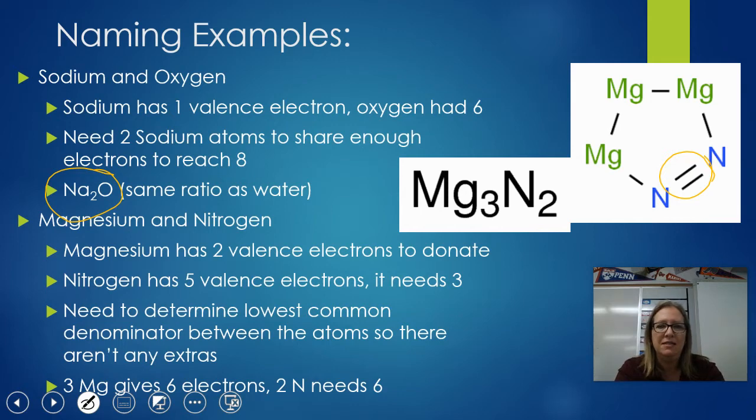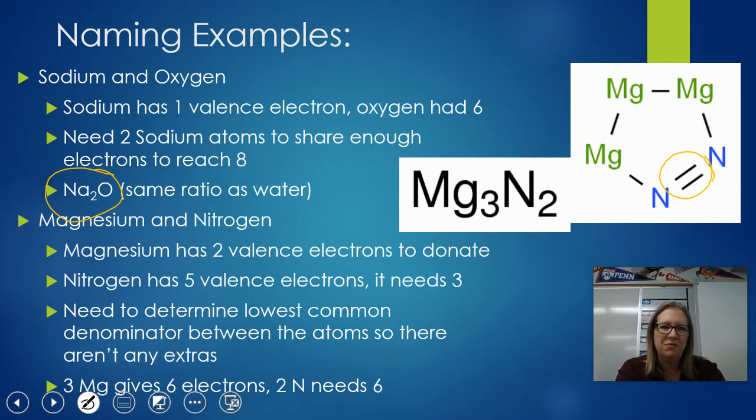If we look at magnesium and nitrogen, they get a little more complicated. Magnesium has 2 valence electrons to donate, okay? It only has 2, and so when we have less than 4, they tend to give them away. When we have more than 4, they tend to gain them, okay? Nitrogen has 5, so it needs to receive 3 valence electrons to hit that magic 8, okay?